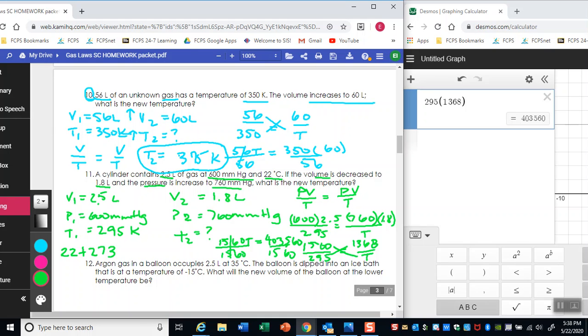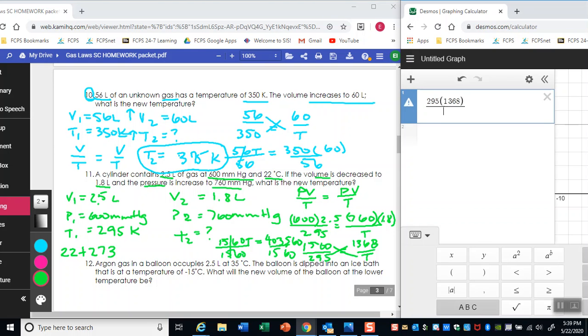Divide by 1560. What a mess. I'll write it down: 403,560 divided by 1560.